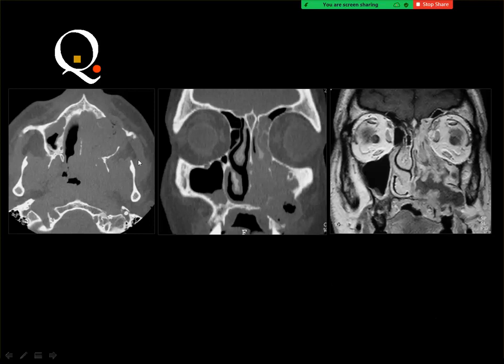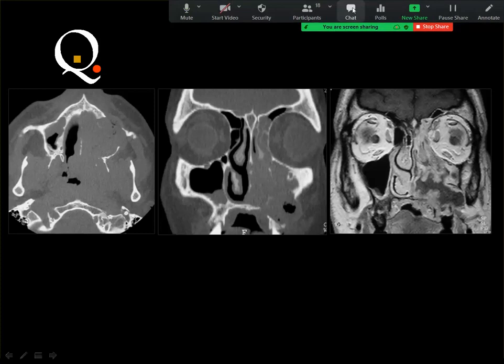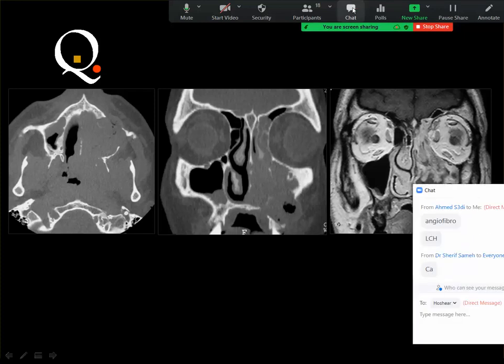Then this patient has a maxillary sinus lesion by CT, by coronal CT, and by MRI. And actually, these loculi of air are the sequelae of the previous biopsy taken from the maxillary sinus. If you feel that this lesion is destructive, then you consider carcinoma.